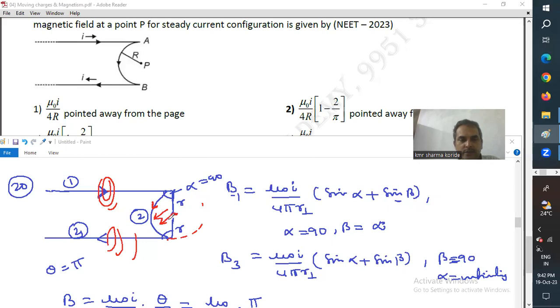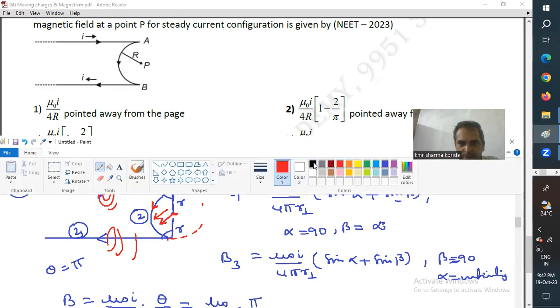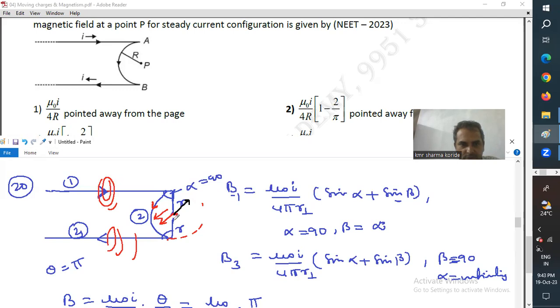Otherwise, suppose if this is rightwards, the way you rotate the fingers while crossing this particular point, field will be inverse. Even for this particular conductor, field will be inverse. So therefore, this is B1, B2. Suppose if current is anti-clock sense, in circular coil, field will be outward. So this is B2. So combinedly, B1 and B3 are inwards, B2 outwards.